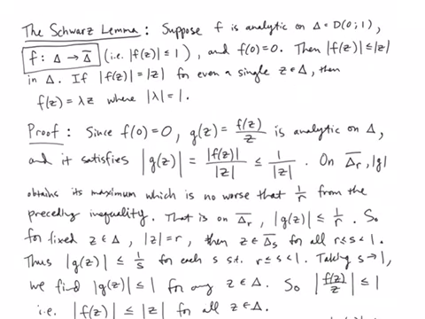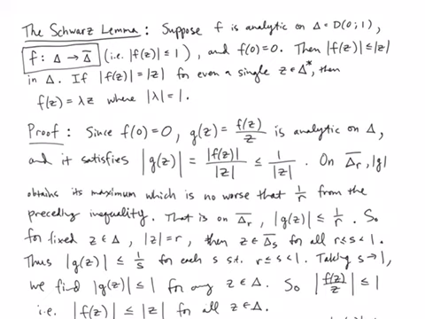Sorry, I just realized something again. This statement here, we have to say for all z in the punctured disk here. So, of course, since f of 0 equals 0, we have the norm of f of 0 is equal to the norm of 0. So that's not an interesting condition.